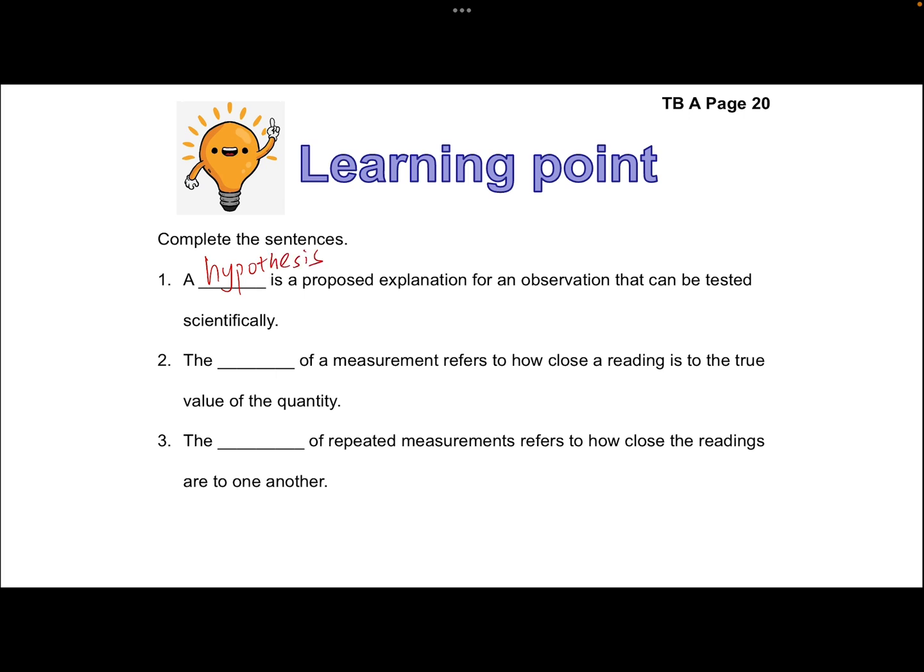The word of a measurement refers to how close a reading is to the true value of the quantity. The word is the accuracy of a measurement. The word of repeated measurements refers to how close the readings are to one another. If the readings are very close to one another, we say it has high precision, right? So the answer is precision.